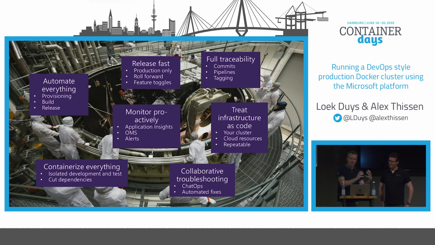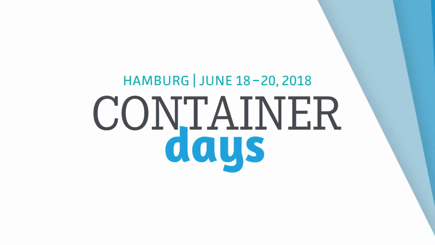Containerize everything so you can have the inner loop to speed up fixing things and building new functionality. Then we think that you are in good shape for doing DevOps with your cluster. We showed you in 30 minutes how we go from a broken release to tracing it, fixing it, and releasing it again. And that's it.